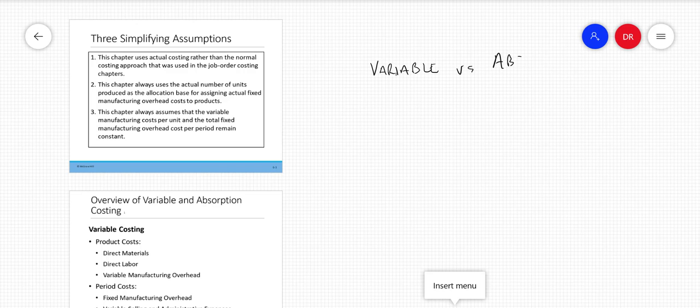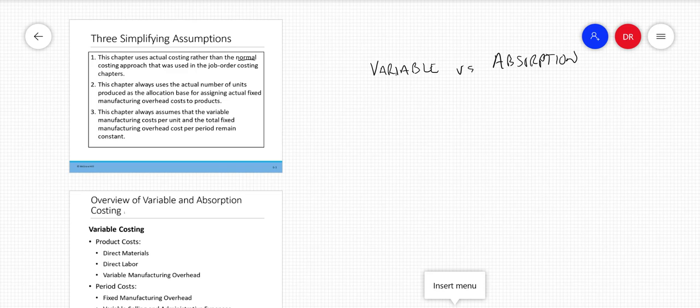So when we talk about variable costing and the way it differs from what we've been doing, we're going to look at these three assumptions over here. What we were doing in job order costing was this idea of normal costing.